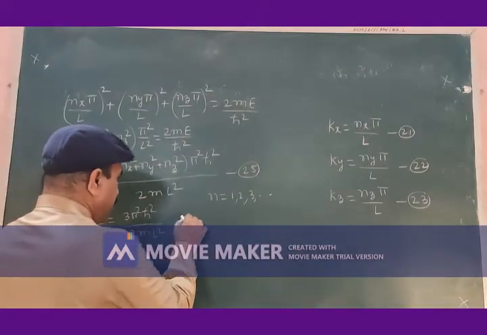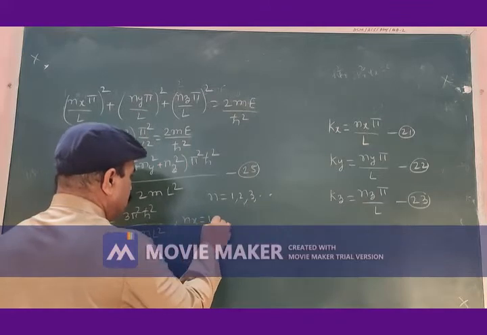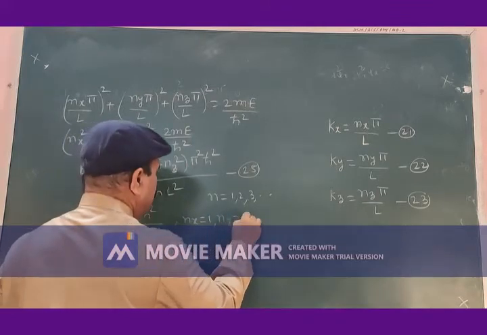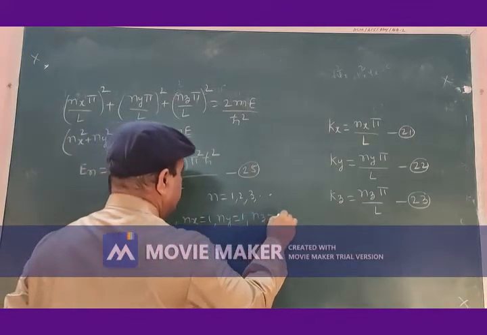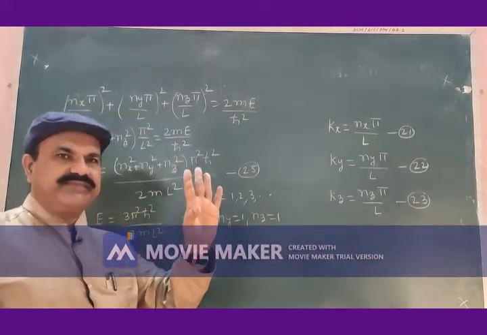This is when nx is equal to 1, ny is equal to 1, nz is equal to 1. Only one option is there.